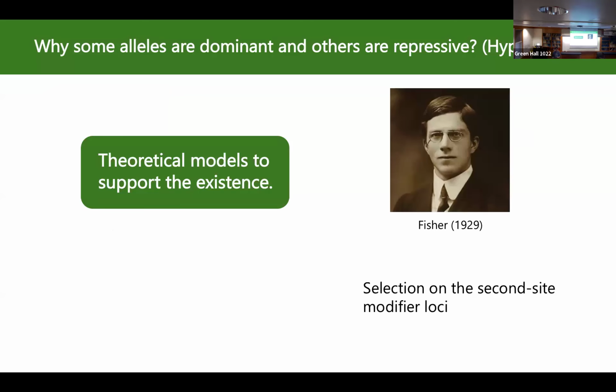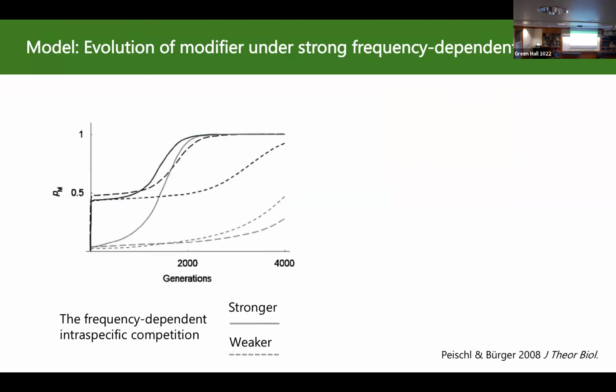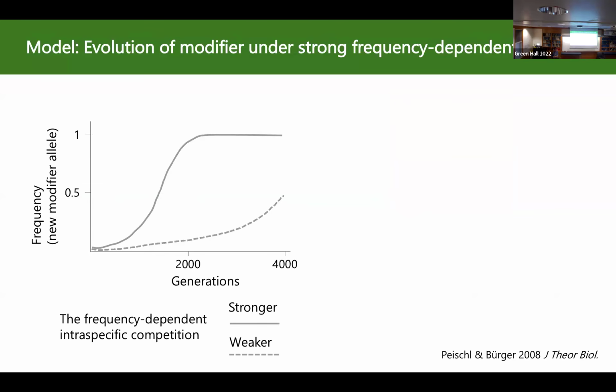And so there are theoretical models to support the existence of Fisher's modifier. One of the models is the evolution of a modifier under strong frequency dependent selection. They investigated many parameters, so let me simplify this. When the frequency dependent intraspecific competition is stronger, the newly born modifier allele can be fixed in the population faster.